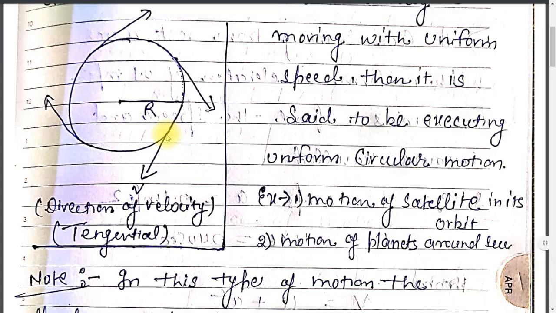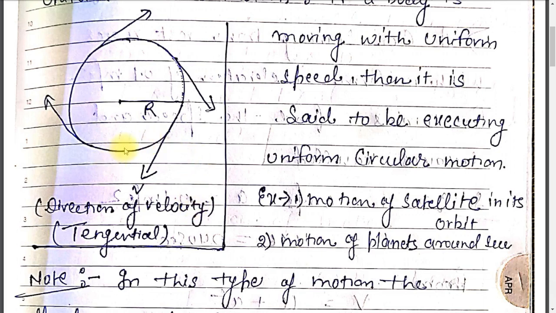So how will we define the direction along the circular path? At any point, if we draw the tangent along that particular point, that tangent defines the direction of the velocity. That means if we draw a tangent from this point, this will be the tangent along the circular path. This tangent defines the direction of the velocity of the particle or the object.